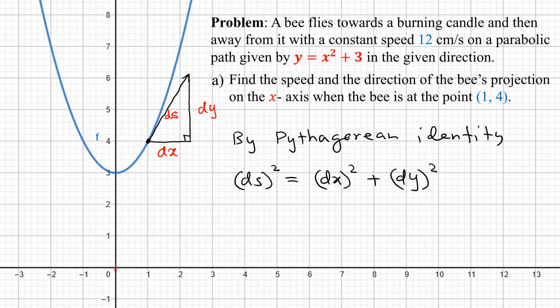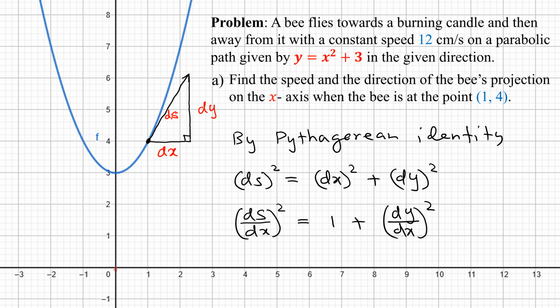Now we're going to divide both sides by dx squared. Then you can write (ds over dx) squared equals 1 plus (dy over dx) squared. Now we can take the square root.